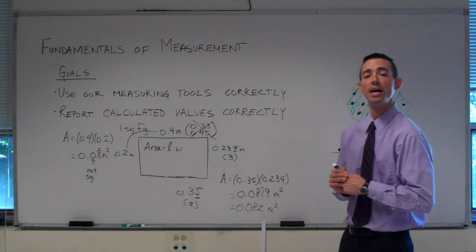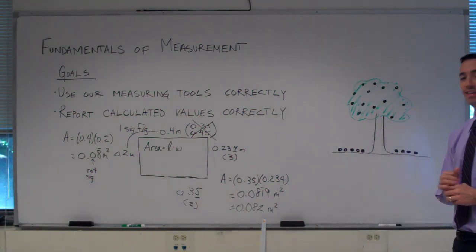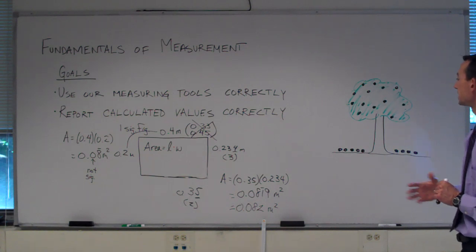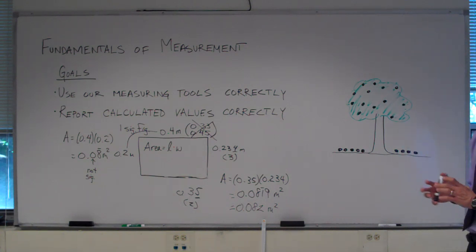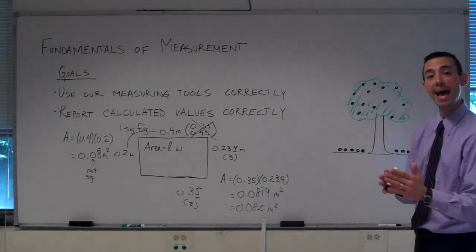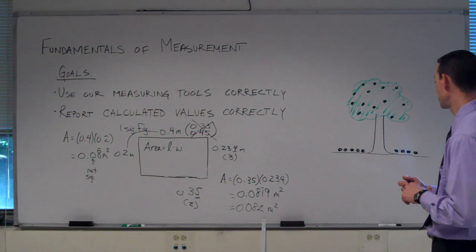Let me do one other example for you. I've drawn a little tree here with some apples or fruit on it, if you want to imagine the black dots as that. This is going to demonstrate how we calculate significant figures when we add values together as opposed to multiplying them together.